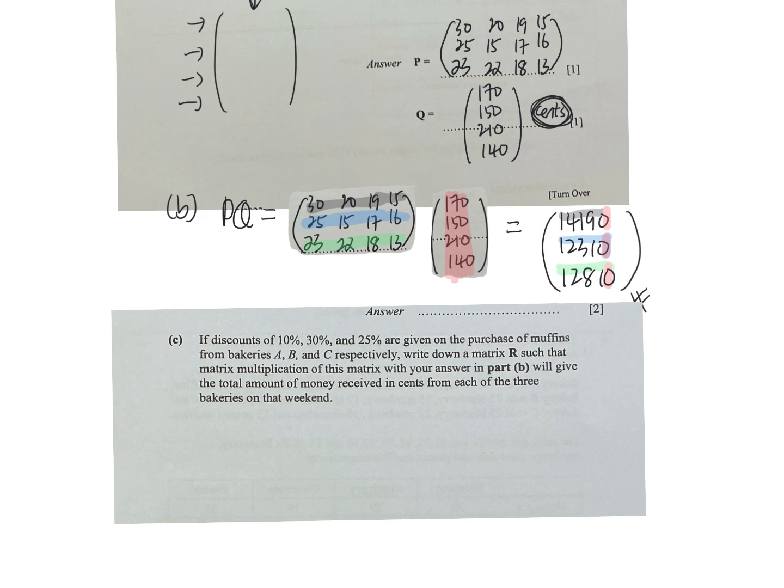Okay, so you listen carefully. It says, I'm going to give discount 10% for this guy, 30% for this, and then 25% for this. All these are discounts. If I ask you to find individually, I'm sure you know how to. But they say you must use matrix multiplication and find the matrix R to multiply to this.